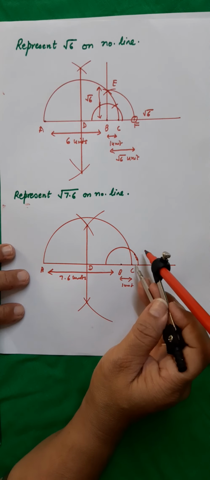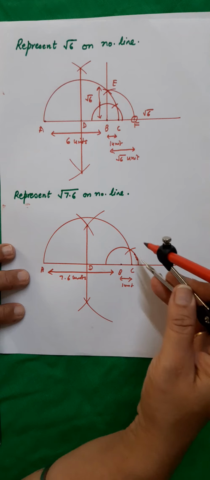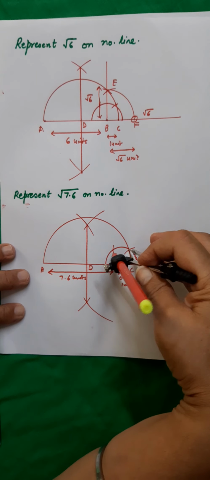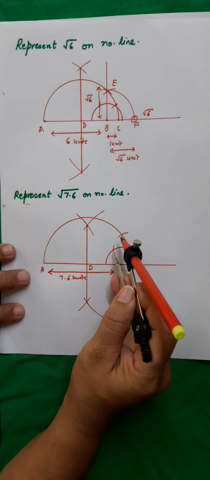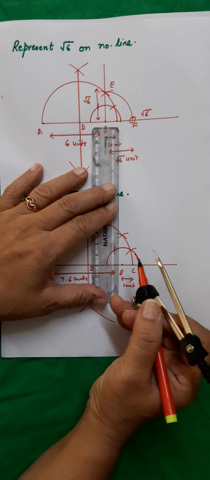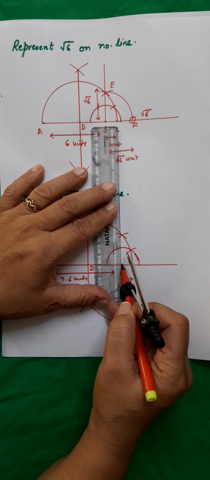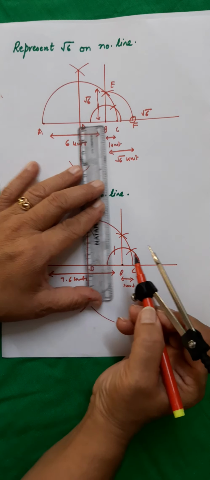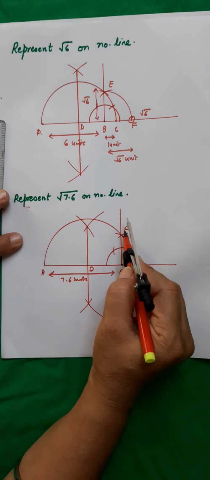And now from here 60, 120 and here we go. This gives me point E.